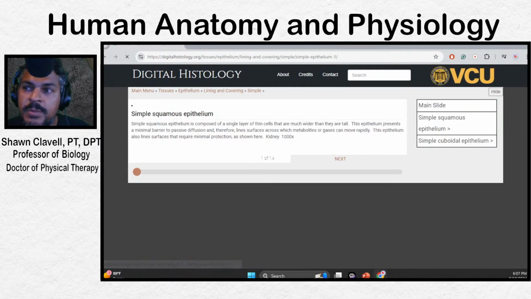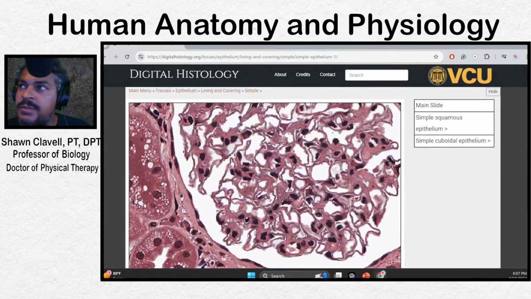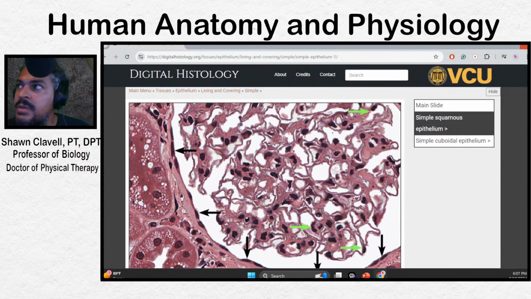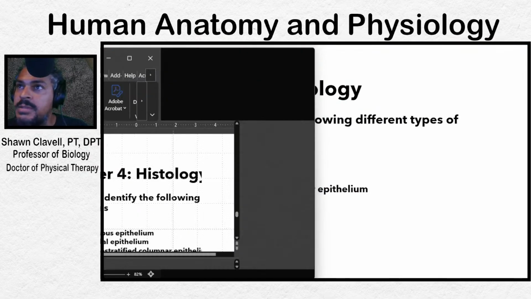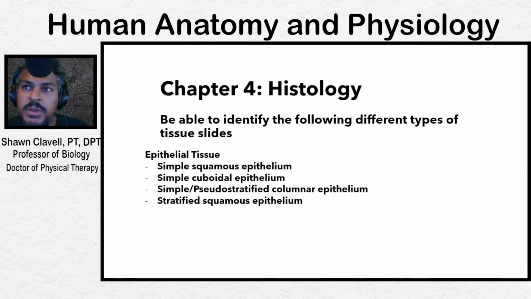There is simple, and so you can identify some simple squamous epithelium. And again, that is on our list. That's our list, right, of simple squamous epithelium. And that would be on there. We can come back to my page.